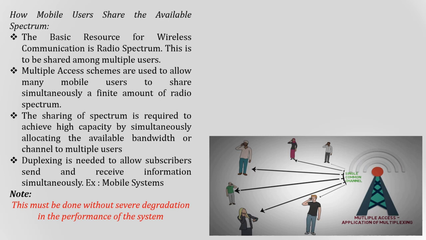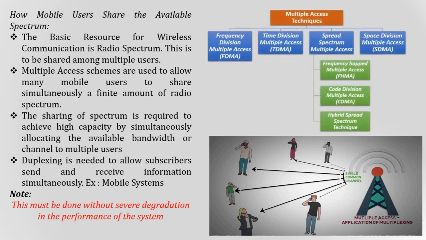It is a trade-off between capacity and quality. If I increase the number of users in a particular spectrum, that will degrade the quality of service provided to each and every user. So there should be a hard or soft limit where the number of users can be restricted, without affecting the quality of service.